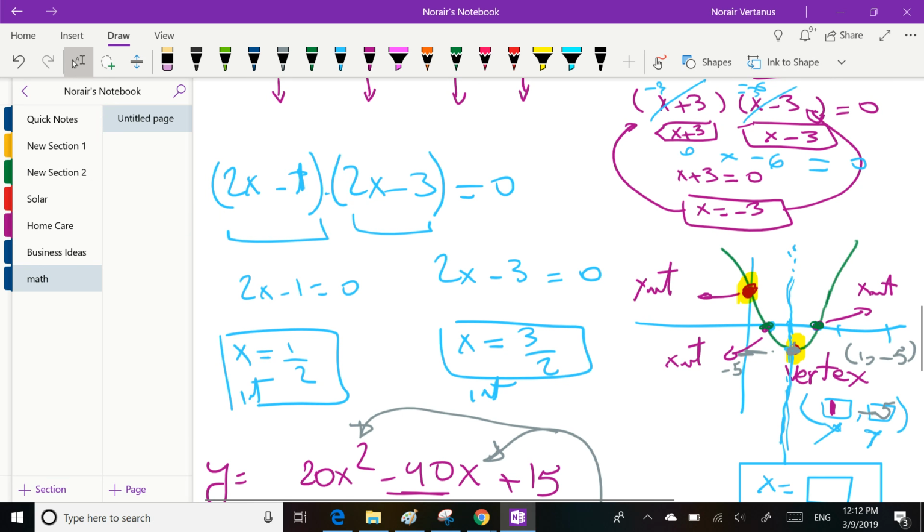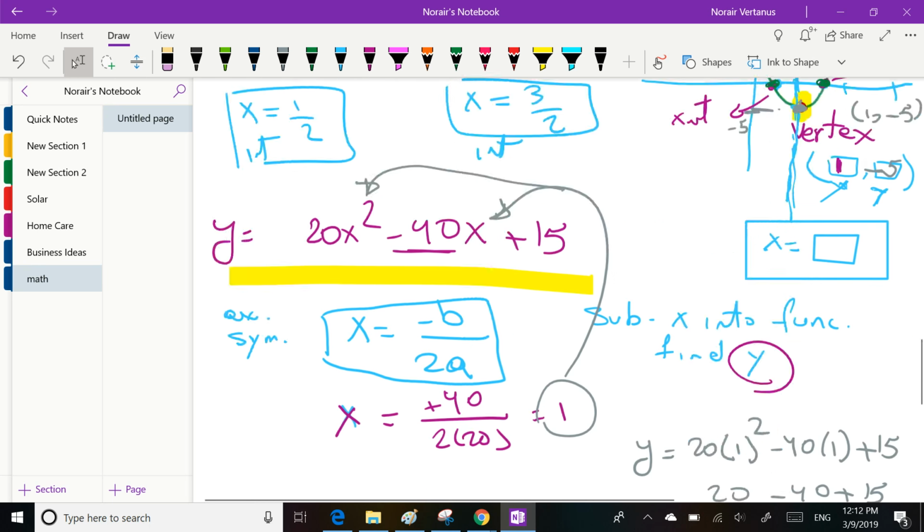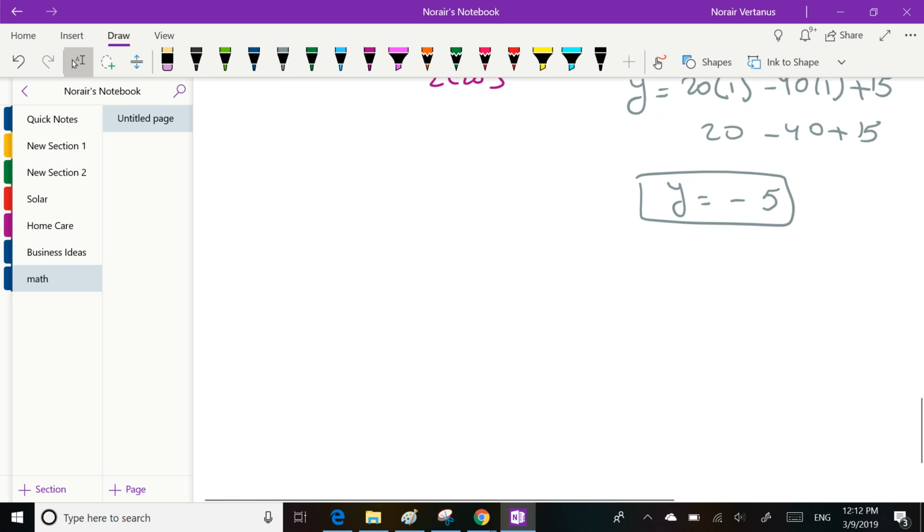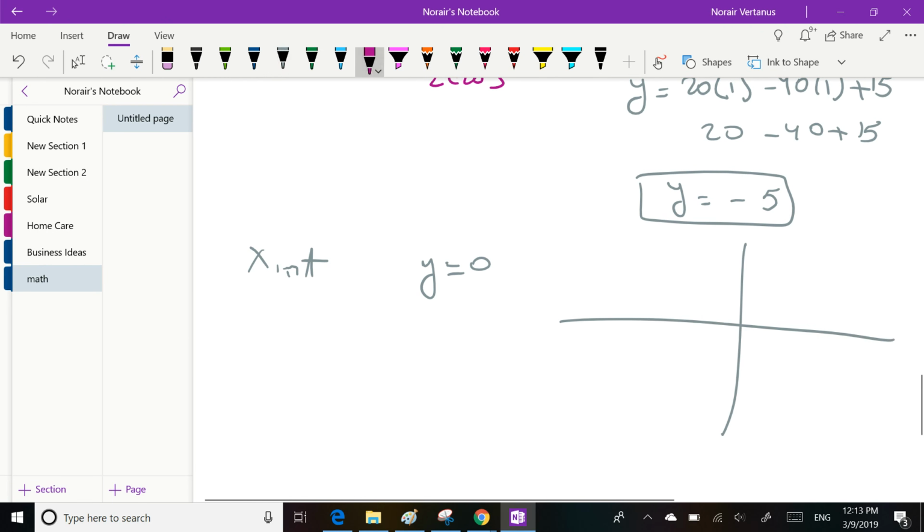And then the last thing here, we want to find the y-intercept. What is this y-intercept? As I explained before, when they're asking how to find the x-intercept, you need to put y equal to 0, because any point on the x-axis has a y value of 0. For the y-intercept, put x equal to 0, meaning any point on the y-axis has an x value of 0.